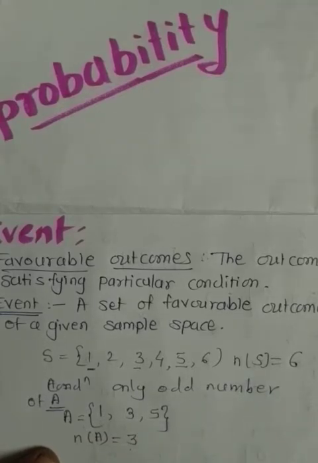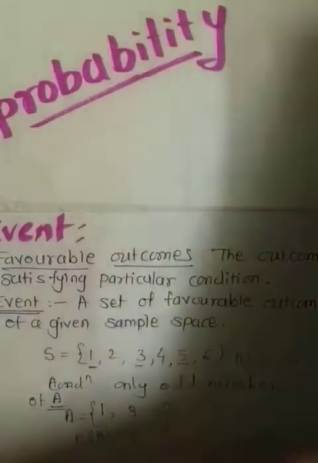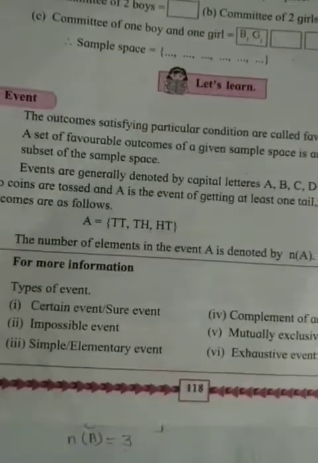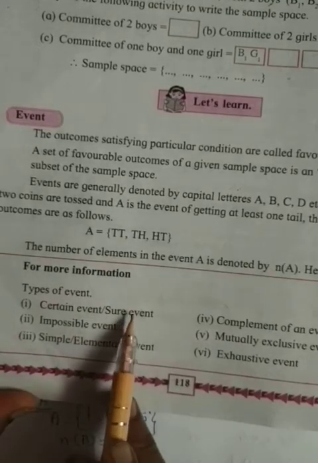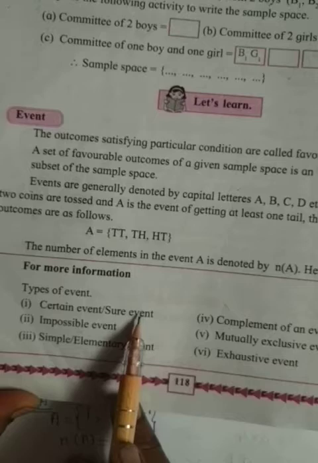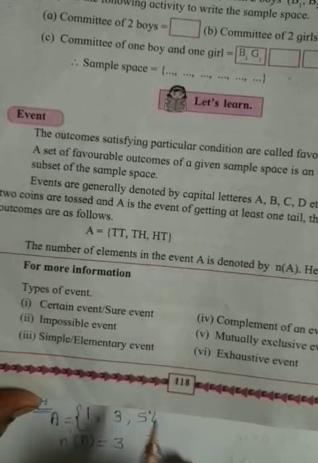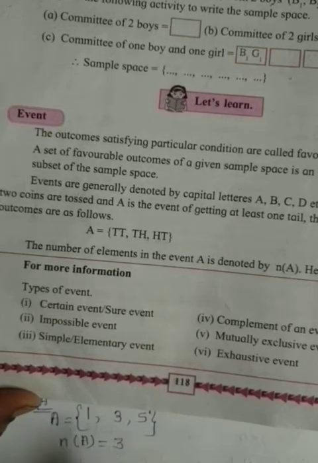According to the condition given, there are some types of events. First, certain event, which are given in your textbook, but that's not asked in the exam, only for information. Certain event, sure event, at that time n(S) is equal to the number of that event.